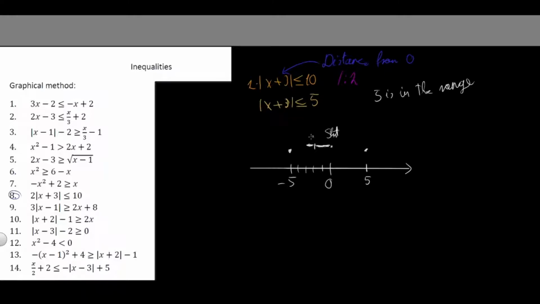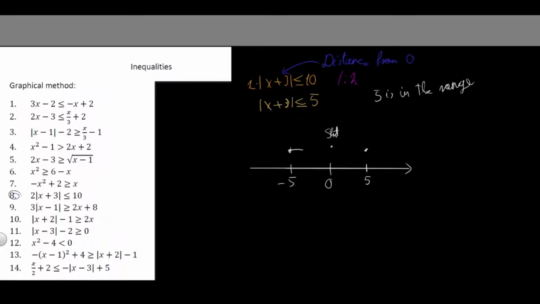This is 3 steps, 4 steps, and 5 steps, and here we are at -5. So it basically means that this distance is equal to 5. This relation indicates that it cannot be greater than 5, only equal or less than 5.